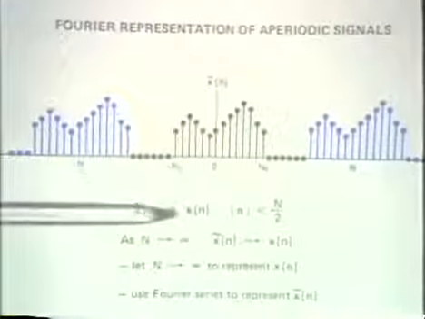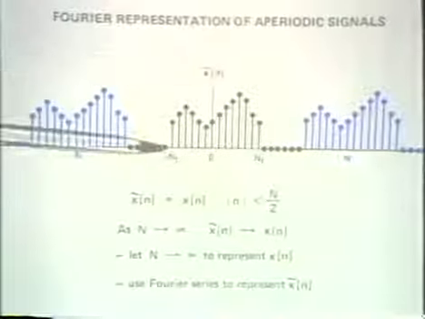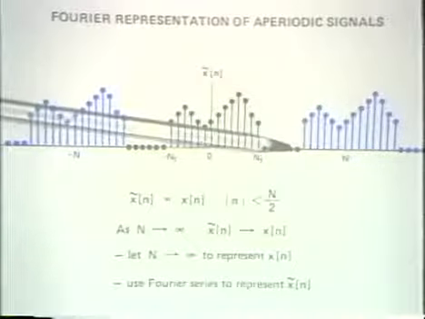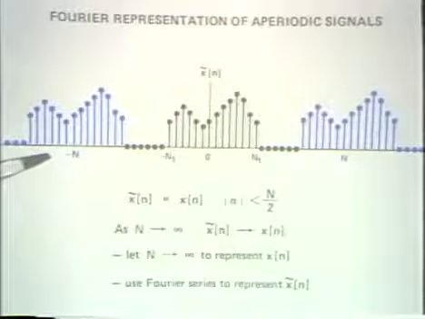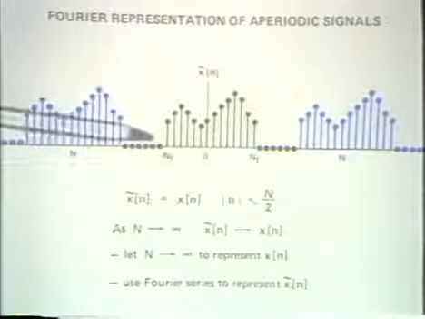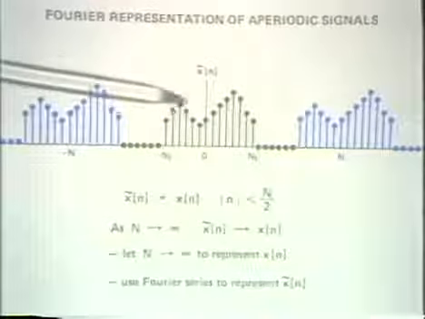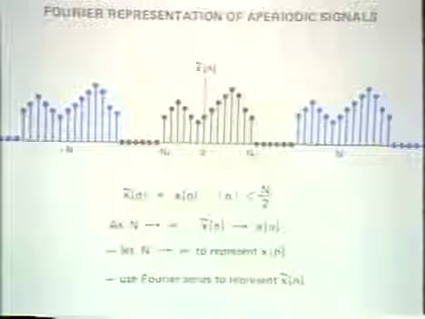The periodic signal and the aperiodic signal are identical for one period, and as the period goes off to infinity, it's the Fourier series representation of the periodic signal that provides a representation of the aperiodic signal.